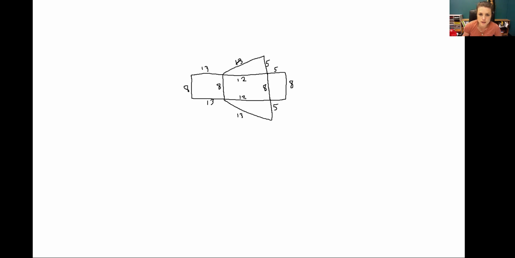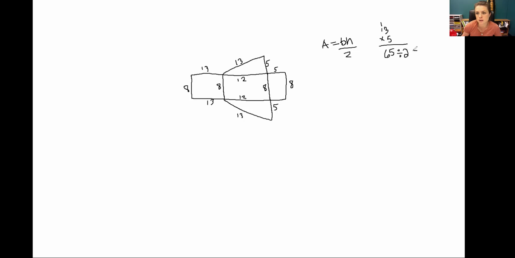Okay, now I have all my lengths labeled so I can figure this out. So for these triangles, remember the area of a triangle is base times height divided by 2. Okay, so I'm going to do 5 times 13 divided by 2, and I would highly recommend using a calculator for all of this.